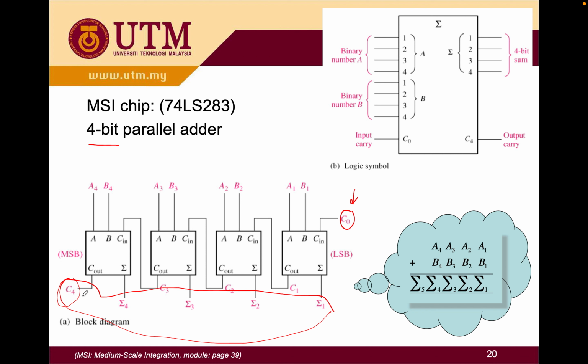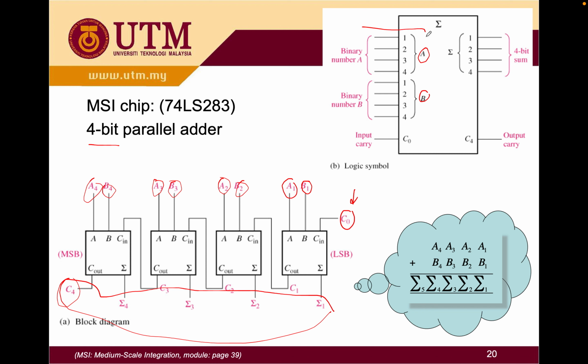Let's move on. There you can see an example of your chip, our MSI chip 74LS283. So you have several pins. You can see here, this is your pin 1, 2, 3, 4, which is this one, and another set of pins for your input B, which is 1, 2, 3, 4. So another 4 pins there.